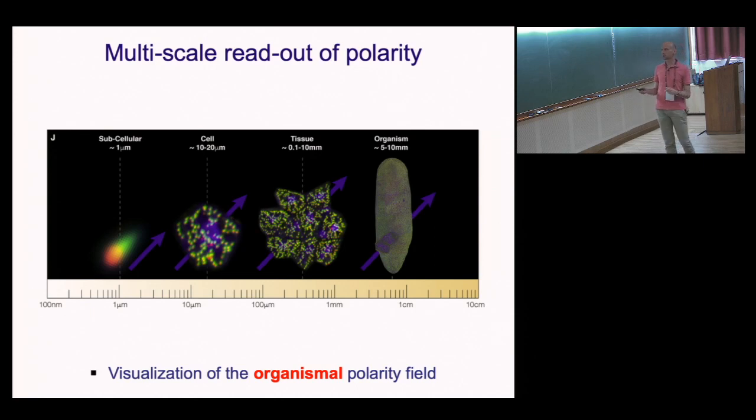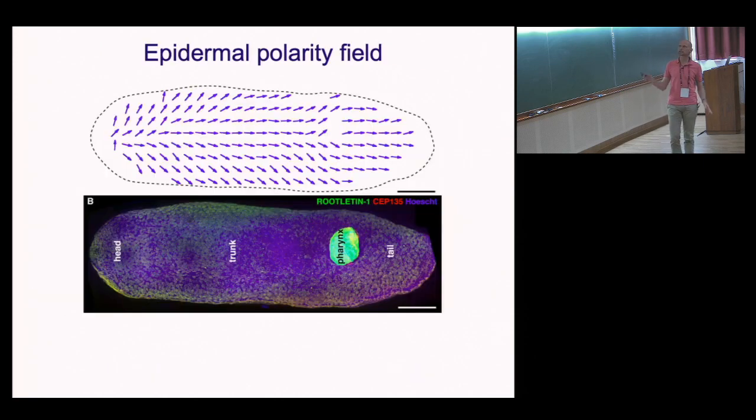Now, nice and good, what do we see? What we see is this. So this here is essentially one of these stained preparations. What you see protruding out here is the pharynx, so again this long muscular feeding tube. And all this here are the epidermal cells, each of which contains about 30 to 50 individual cilia.